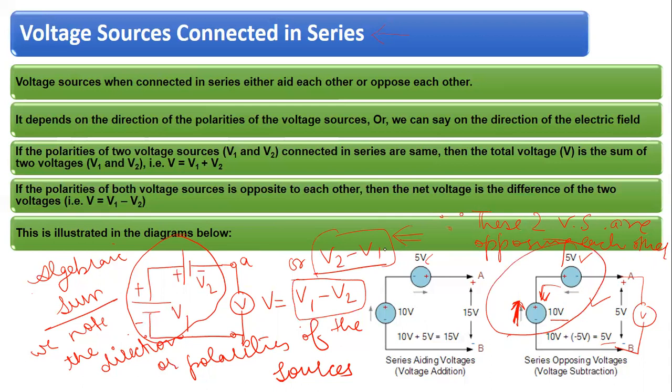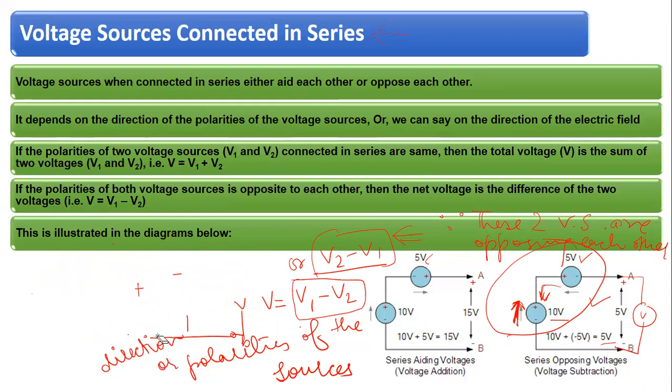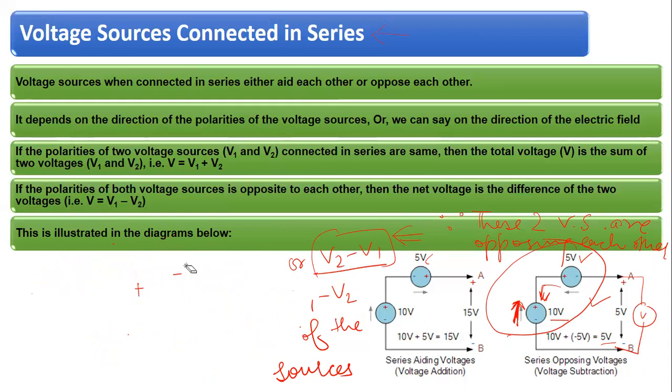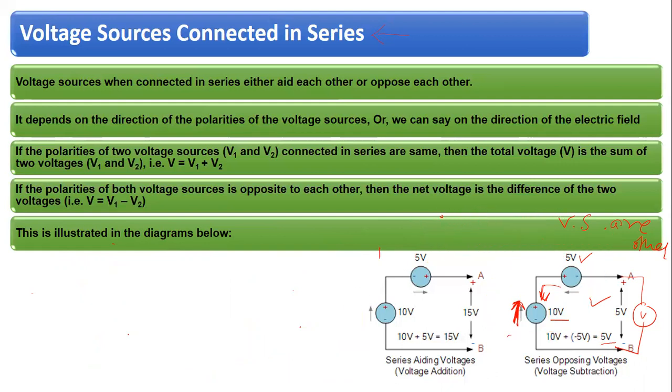Okay, so the conclusion of this fact is that when you have the voltage sources connected in series, let us summarize this one. To summarize, when you have the voltage sources connected in series, the net voltage across the two terminals of that branch in which you have the voltage sources connected in series will be the net voltage.